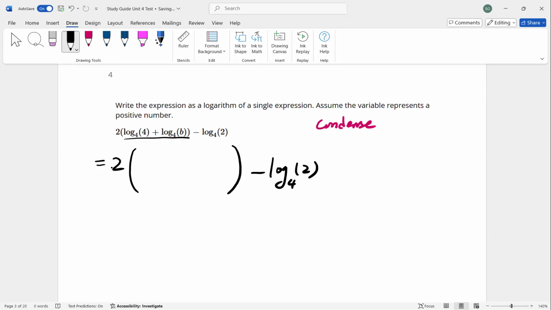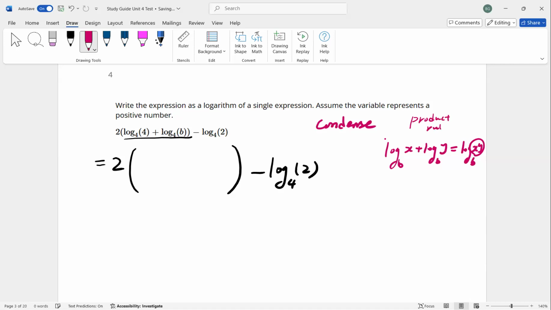Inside the parentheses, we have an addition of 2 logs with the same base. We are going to use the product rule. Log with base b of x plus log with base b of y equals log with base b of x times y. The single log has an argument that is a product. That's where the name comes from, product rule.